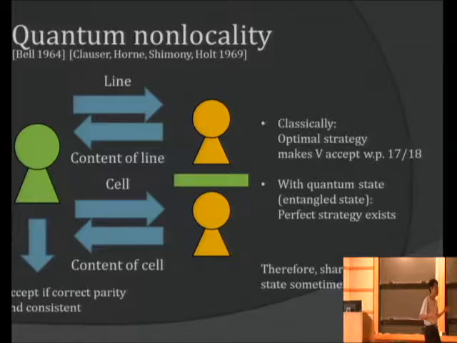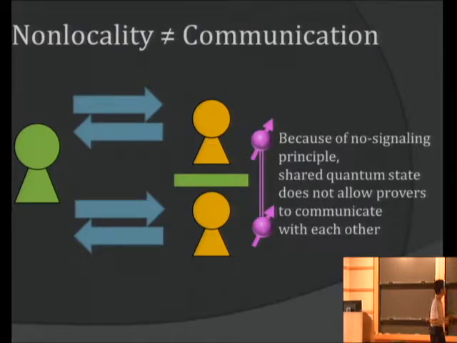But we are now looking at this question from a computer science point of view, and more specifically from a complexity theoretic point of view. Before that, I'd like to emphasize that we still don't allow communication, even if we allow sharing a quantum state. Because of the no-signaling principle, sharing a quantum state alone doesn't allow the provers to communicate anything.